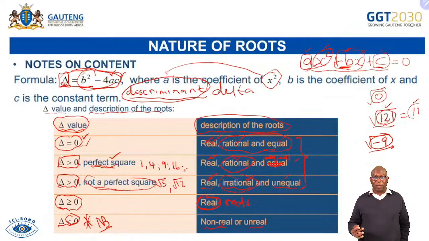Remember, these are complex numbers. That is why we combine these two sections, because they talk to each other. I know that if it's the square root of a negative 9, then I've got non-real roots, but I can use complex numbers to get to my answers, which will definitely have an i. When you get to this section, I'll show you how we do that.